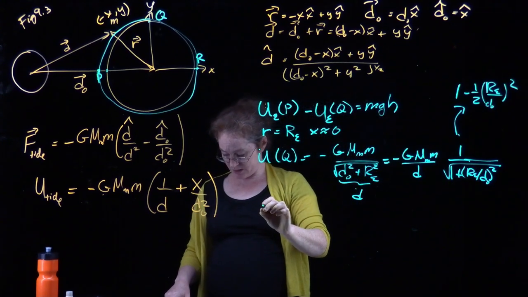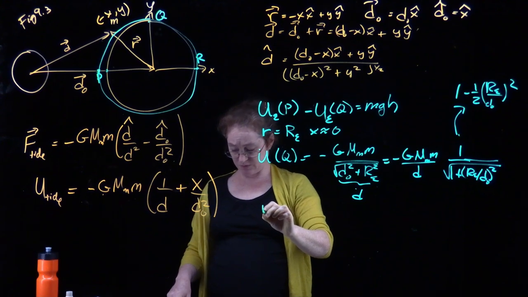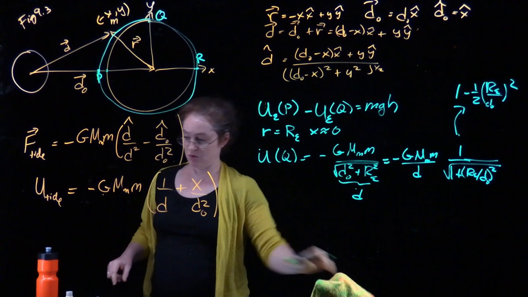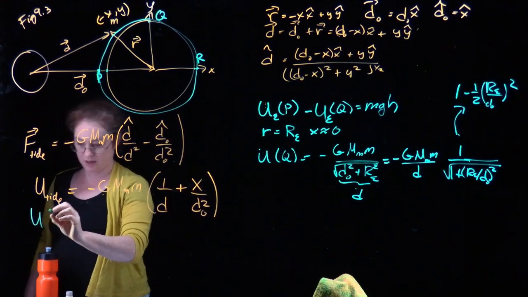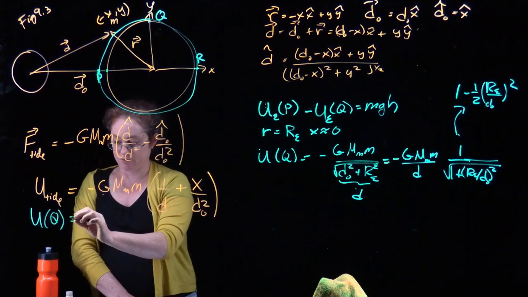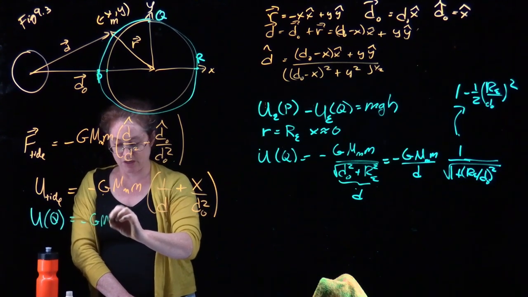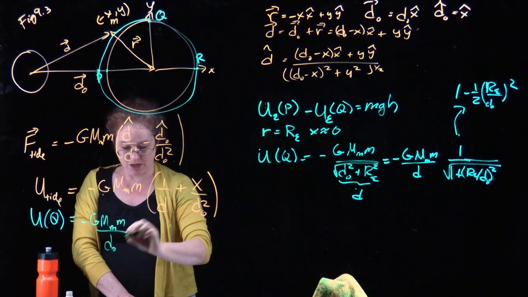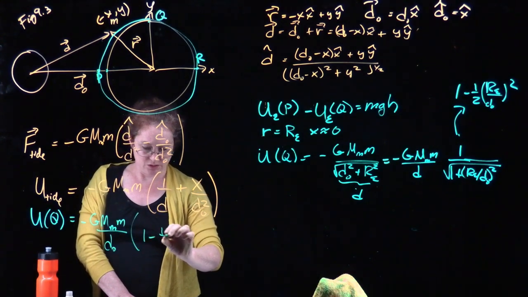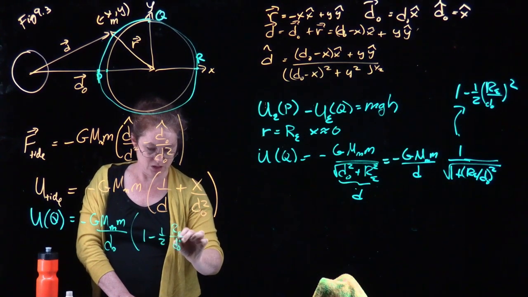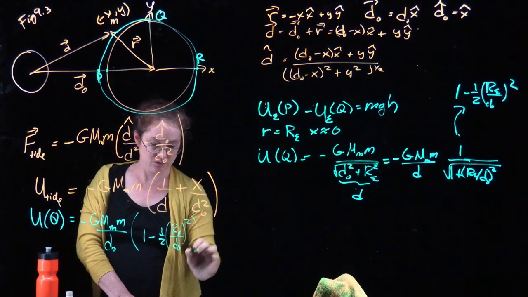So the effect of the size of the tide at point Q is roughly negative GMm over d naught, 1 minus 1/2 Re over d naught quantity squared.